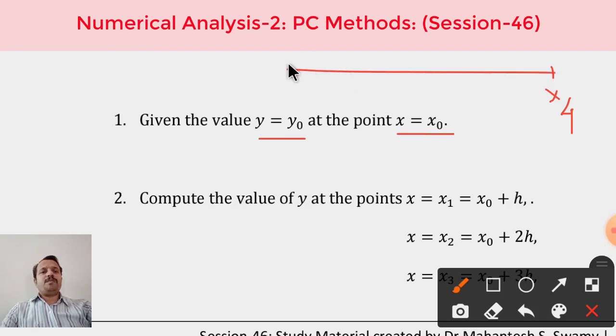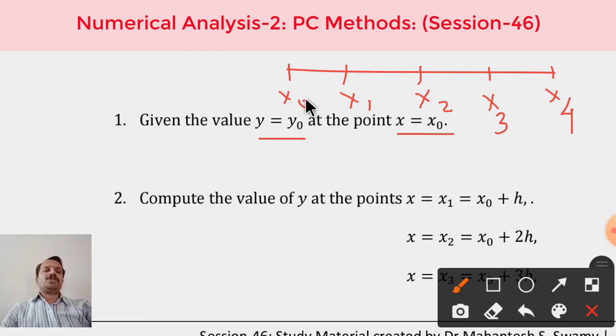In order to compute the value of y at x4, we must have the previous 4 values. Previous to this, x3 will be there definitely, and previous to this, x2 will be there, and previous to that, x1 will be there, and at the leftmost side, x0 will be there.